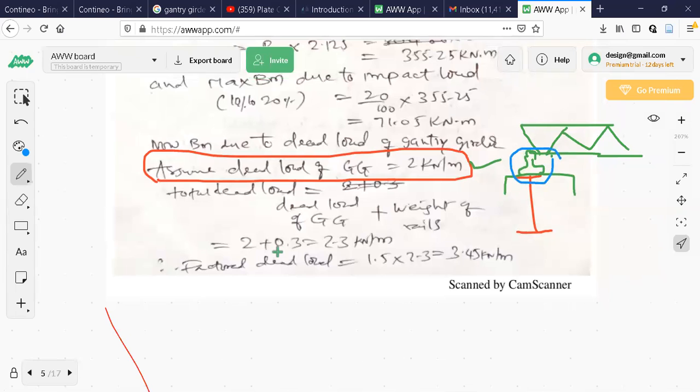So 2 plus 0.3 is 2.3, then factored it is 1.5 times this, 3.45. So it is simply a UDL now, on a 6 meter span. 3.45 includes the weight of the channel, the I section, and the rail per meter length.